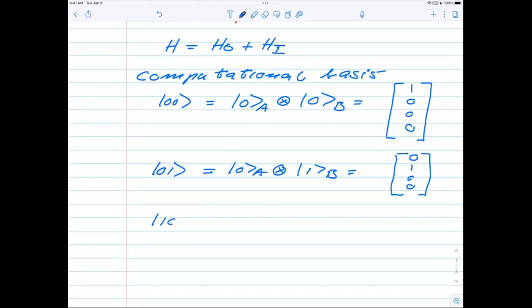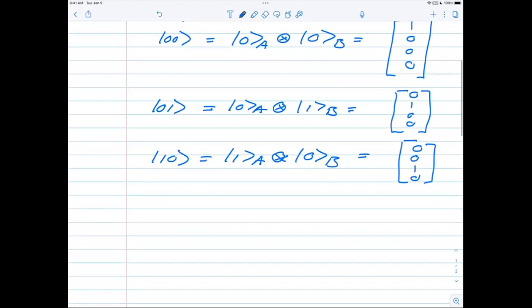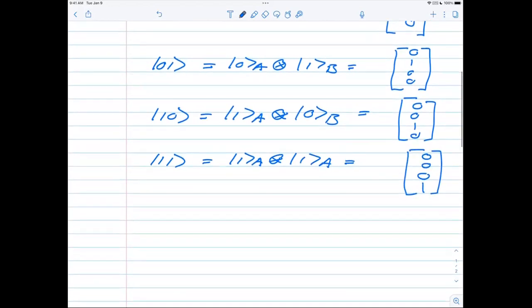And then we have the next state, 1 0, which is a tensor product of qubit A in state 1 with qubit B in state 0. And this is 0, 0, 1, 0. So I'm trying to emphasize this linear algebra aspect because that makes it easier to see what is happening here. And these states build up an orthogonal and normalized basis.